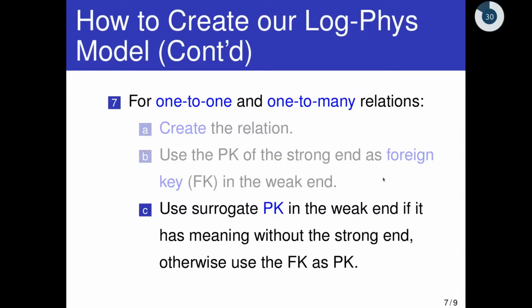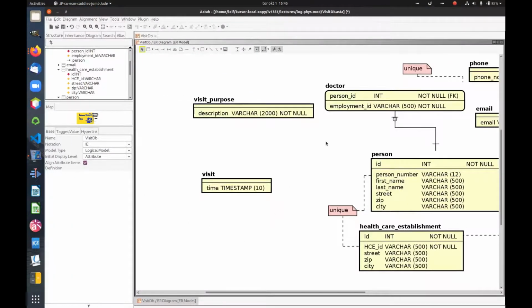Next, the primary key of the weak end. We should use a surrogate primary key if the weak end has meaning without the strong end. And in fact, you have to evaluate whether you think the doctor entity is meaningful on its own. I think it's quite clear that there is such an entity in this business as a doctor. It has some meaning.